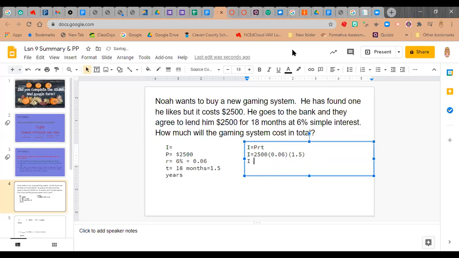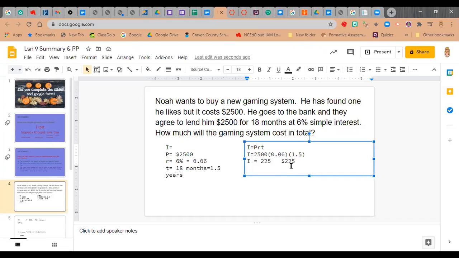So interest equals 225, and interest is always what? Money, okay? So that's why I put the $ in front of it. Notice the $ sign goes in front.